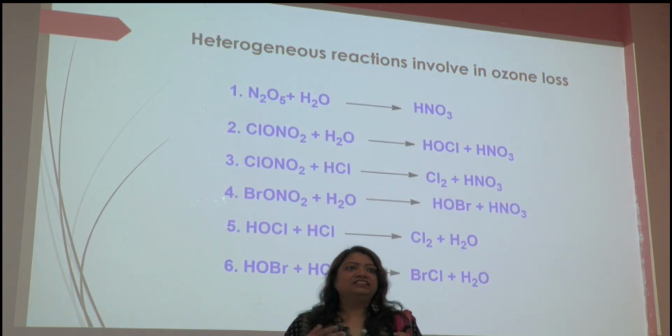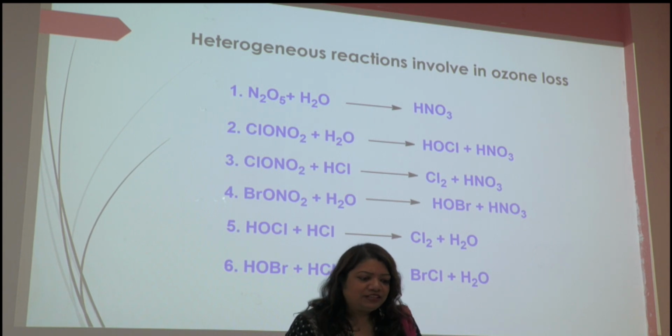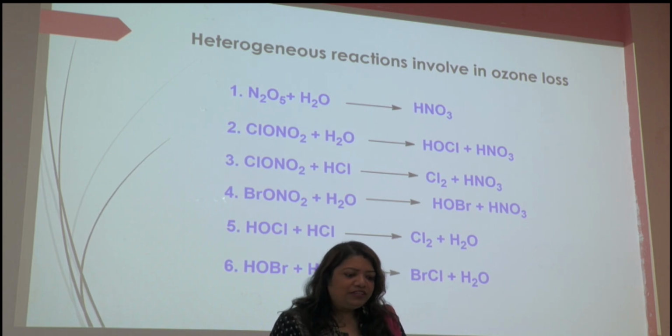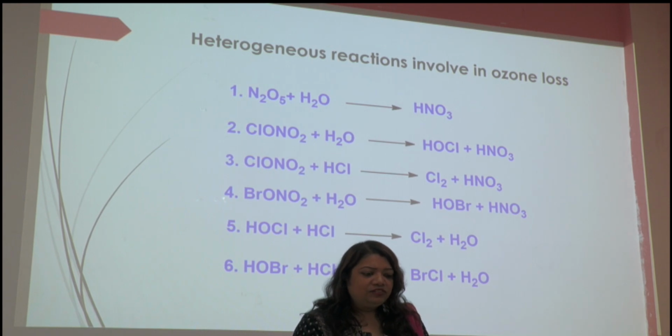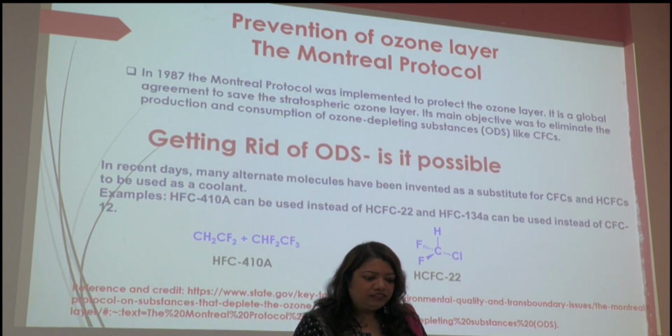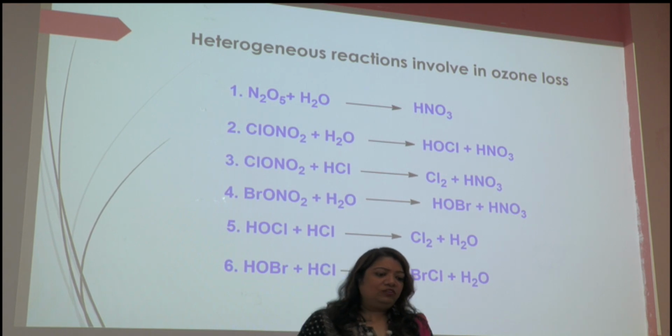Now the other heterogeneous reactions which are involved in ozone loss are summarized below. I think many people may not understand this reaction, so still I am discussing that N2O5 in presence of water molecule will generate HNO3, and chloronitrate in presence of HNO3 will form HCl and HNO3.